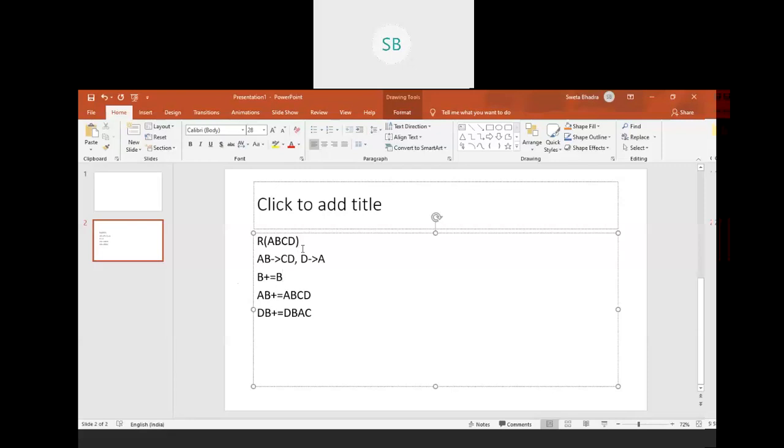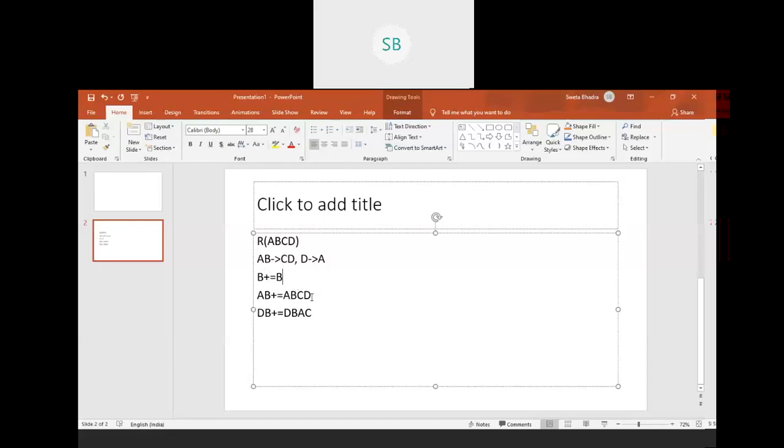So what we do, we add B along with A. Now we take the closure of AB. Once we find the closure of AB, we know that AB can obviously determine AB itself, according to the reflexive property. Then from AB, AB determines CD.